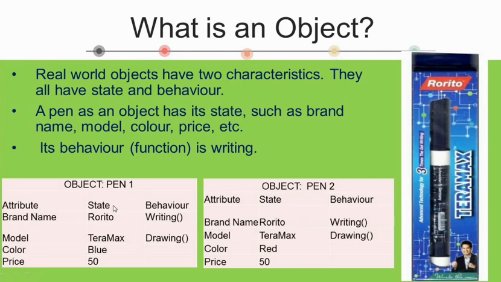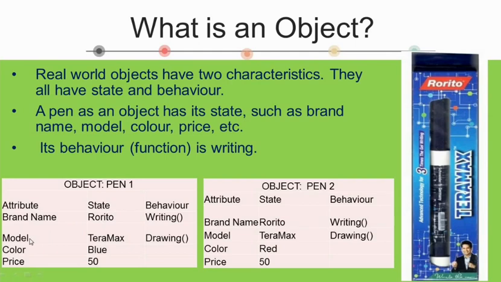But if you answer me, sir, my age is 13 years, then that 13 is the value of this attribute. That value of the attribute is called state. So this pen has the attribute called brand name, whose value or state is Rorito.